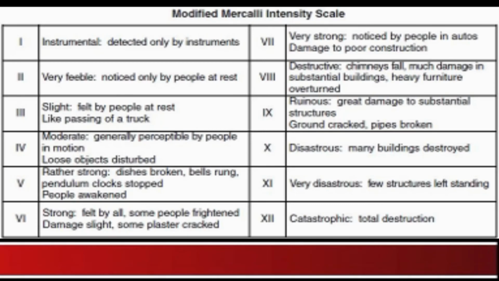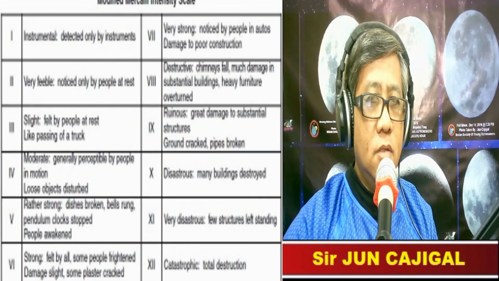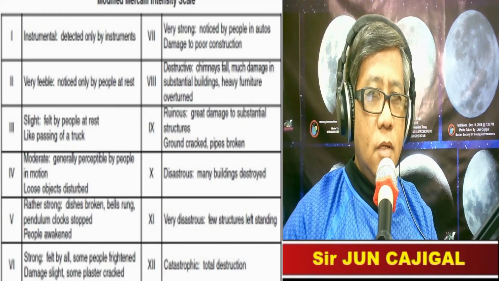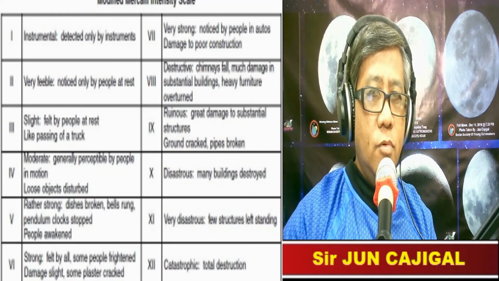So that's the Mercalli scale in measuring the damage done by an earthquake, and we call that intensity. Intensity is a measure of damage done by an earthquake. Well, I guess that's about it for our discussion on earthquakes.